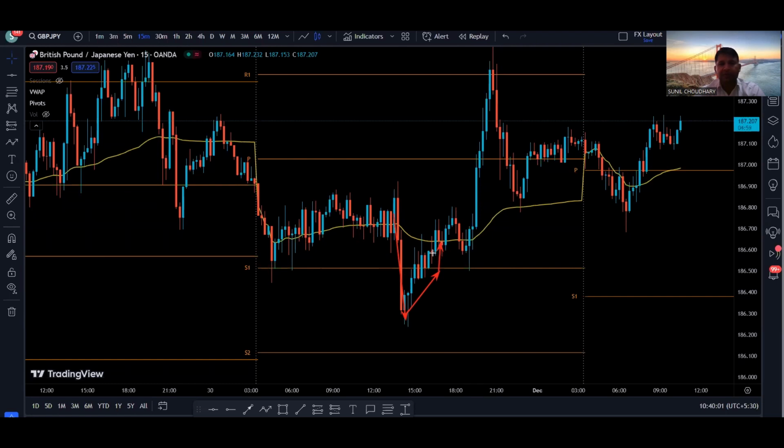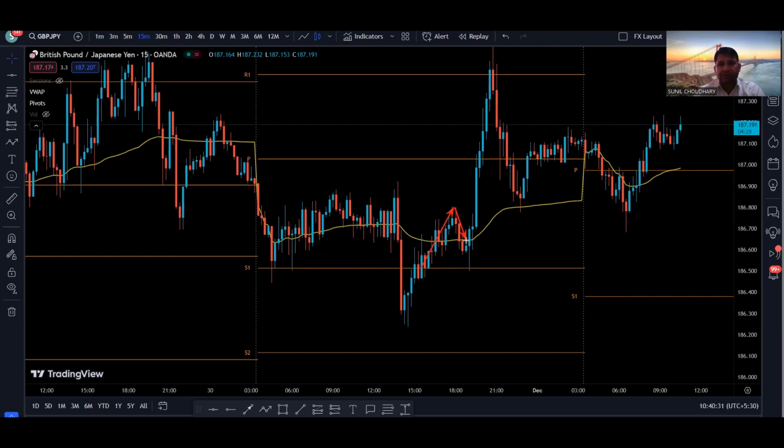Once we were in this area, I was waiting for the price to either retest this area or break this area and then come down into this area to find support to continue going to the upside. But here we didn't go that high, and we came down and closed below the VWAP, which I didn't like. If we had respected this VWAP and rejected this pivot, then I would have taken long.